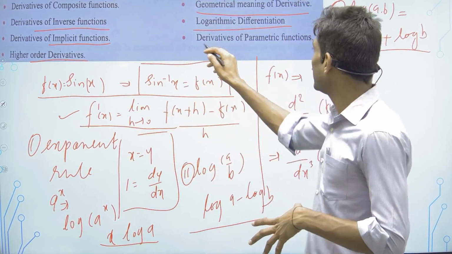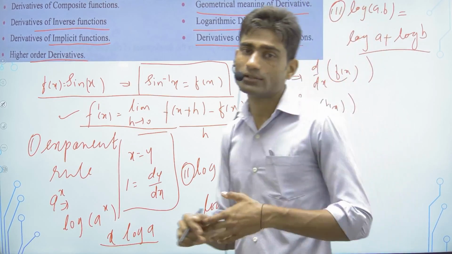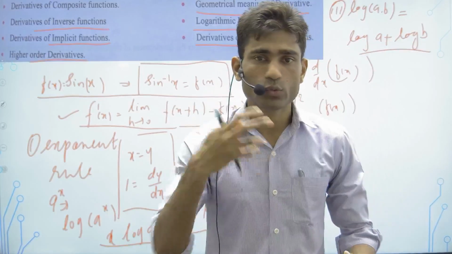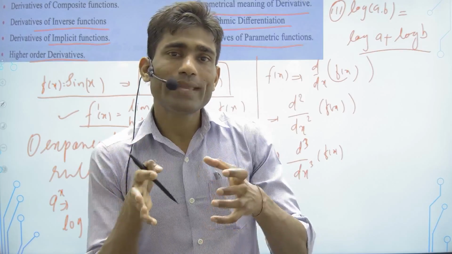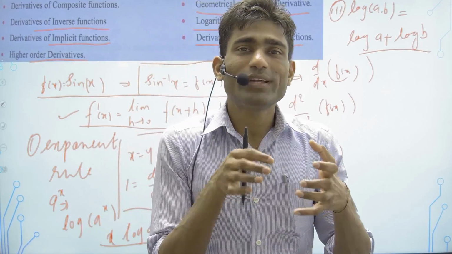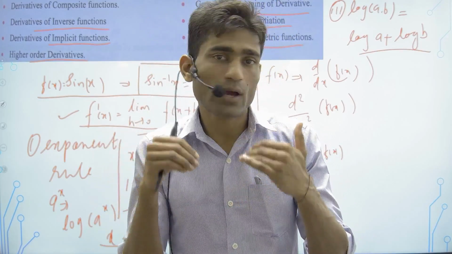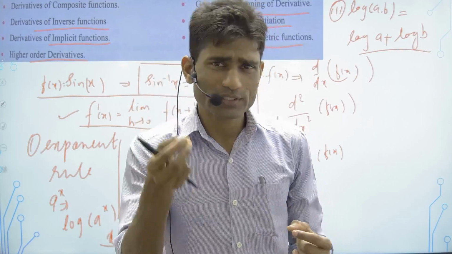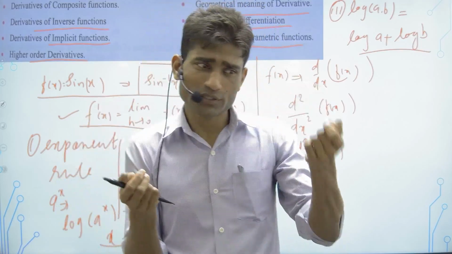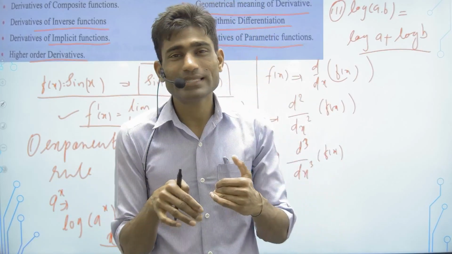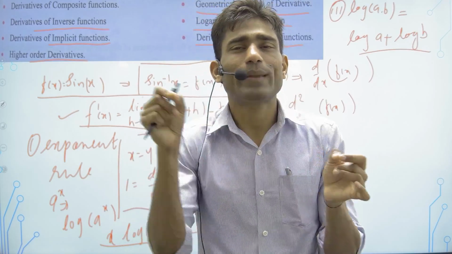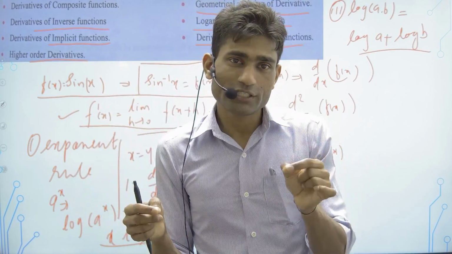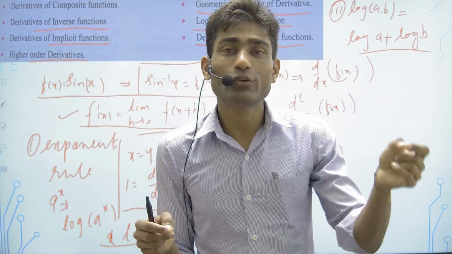And the derivative of a parametric function, let me recap in just 2 or 3 words. A derivative of a parametric function means whenever we have a function with respect to a function. Till now we learned differentiation of a function with respect to x, but now in this case we have differentiation of f of x with respect to g of x, and differentiation of f of x with respect to h of x.